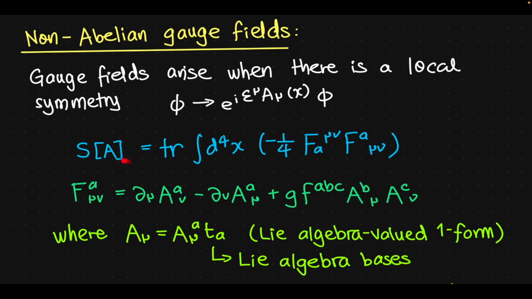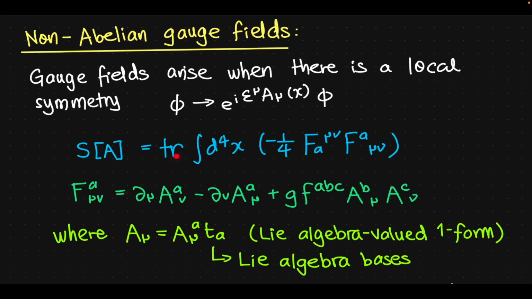And the action for this gauge field A is given by the trace integral d4x minus 1/4 F sub mu nu F to the mu nu, where the mu nu are the space-time indices for the Minkowski four-dimensional space we're working in, and the a is a gauge index, which essentially is an index on the Lie algebra we're working in.